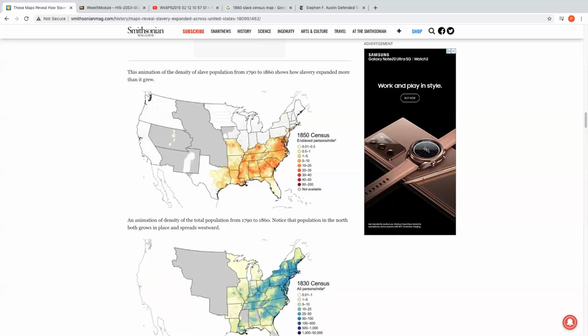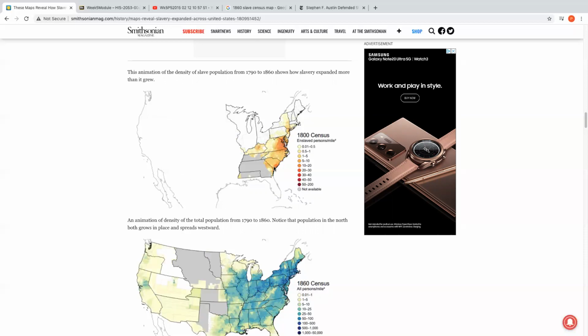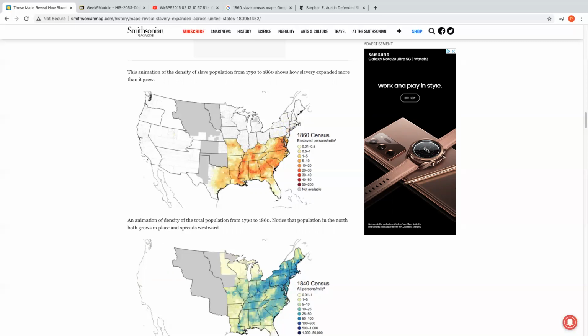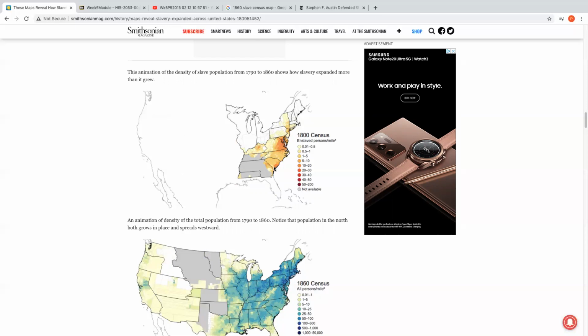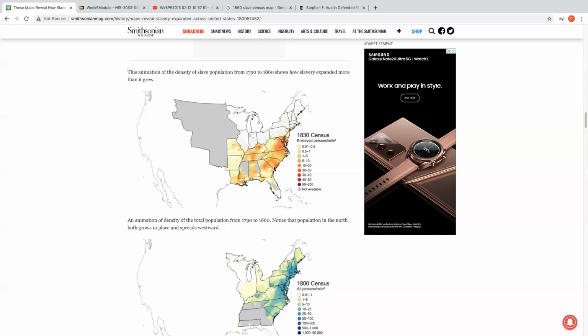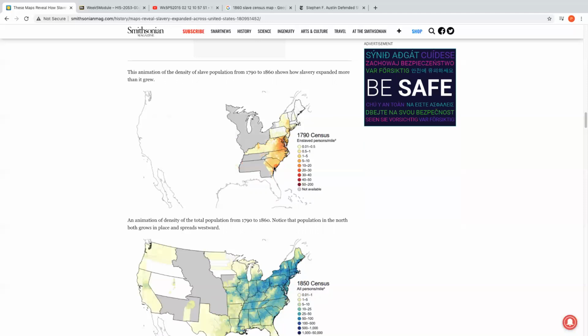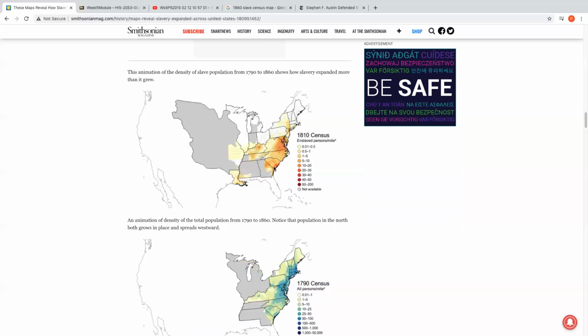What we know now, and we know quite a bit about the history of slavery because slavery was a business, because human beings were bought and sold, is that there's actually an astounding amount of records about slavery. Slaves were counted in census records.